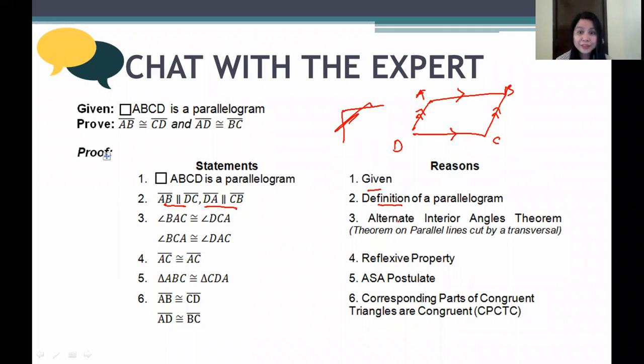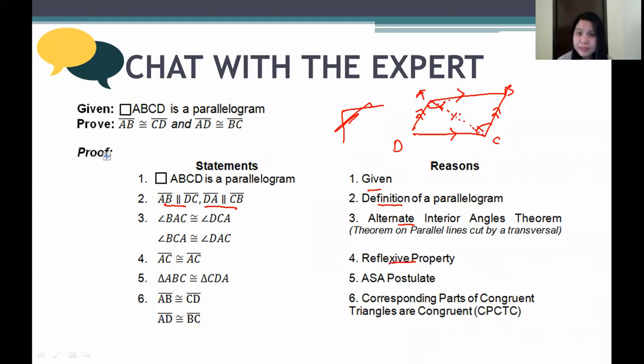Remember, in the alternate interior angles theorem, angle BAC is equal to this angle. The reason for that is the alternate interior angles theorem. And AC, let's draw here. AC is equal to AC. That's the reflexive property.